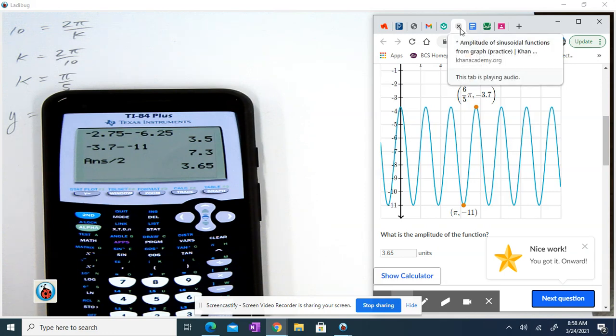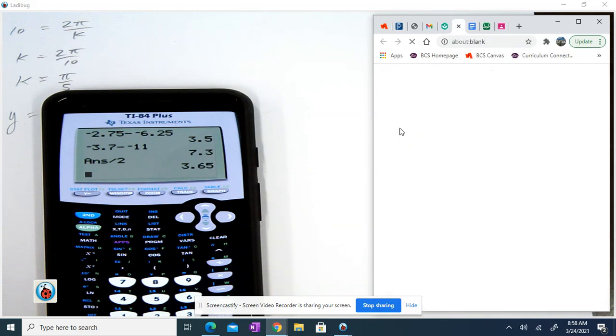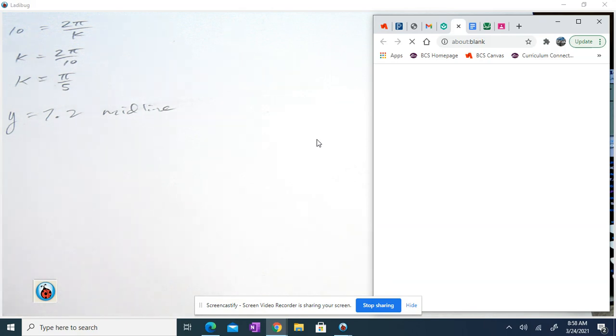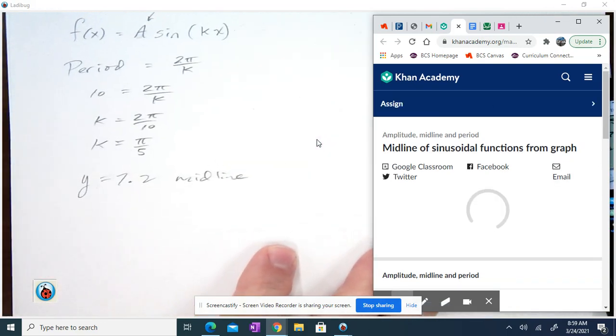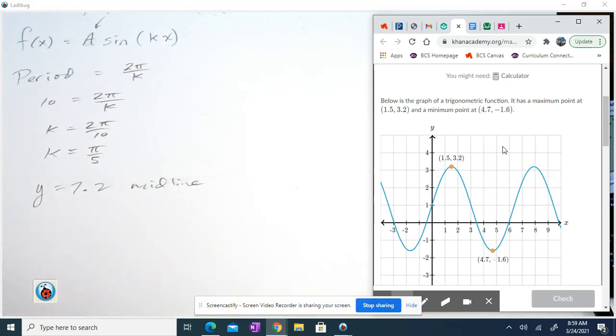All right, and let's take a look at that last one, which is midline. All right, let's see. The midline is going to be basically the line that is halfway between here and here.